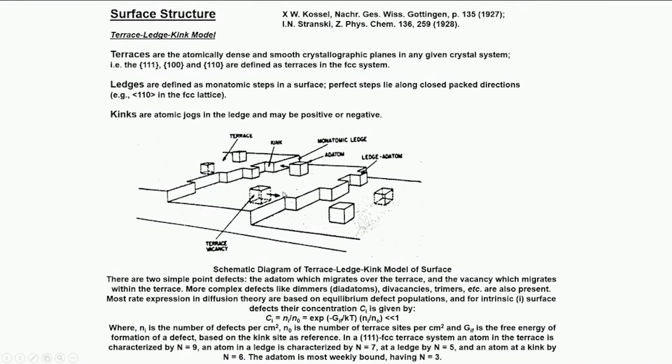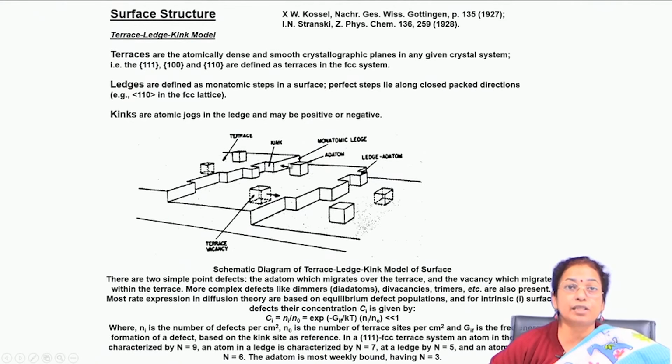So, usually if you see the surface atomic arrangement, you will find that there are smooth crystallographic planes up to a certain level, and then there is a discontinuity. Then again this particular surface continues up to a certain distance, and then again there are discontinuities, one atomic step discontinuities. So, these atomically smooth planes where the surface is created are called terraces, and where there is a discontinuity by one atomic level, you call it ledges.